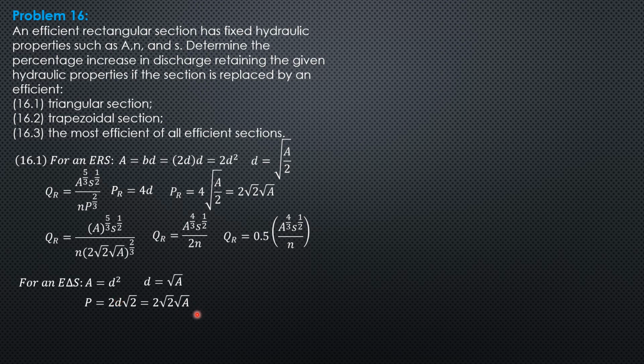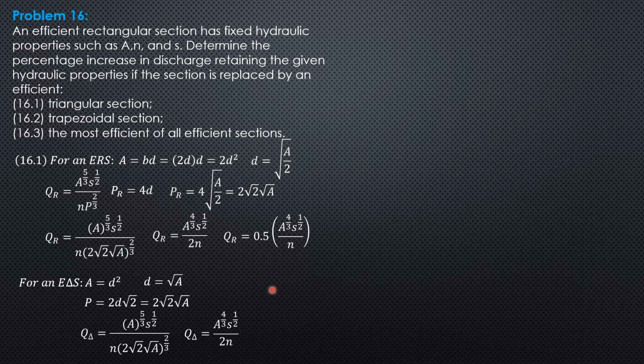So that means the perimeter of an efficient triangular section is the same as that of the efficient rectangular section. So Q of triangle is A to the 5/3 S to the 1/2 over N times 2 square root of 2 square root of A to the 2/3. So they have the same result. Q of efficient triangular section is A to the 4/3 S to the 1/2 over 2N.